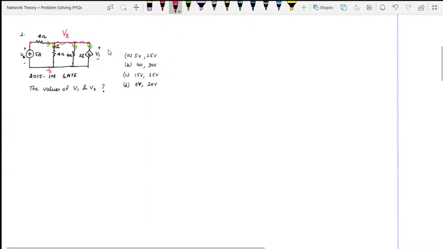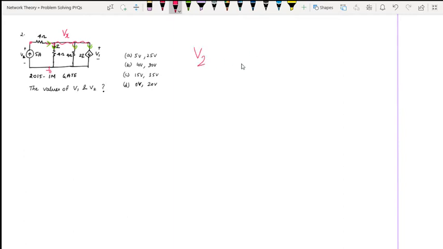Okay, so let's proceed with the nodal equation. One end of this 4 ohm resistor has Vx, because this current source has V2 as a potential, the drop across it. We don't know the value, but we can say it is V2.